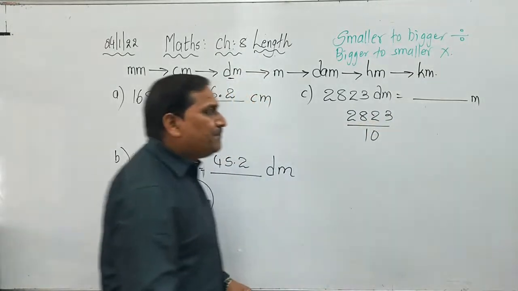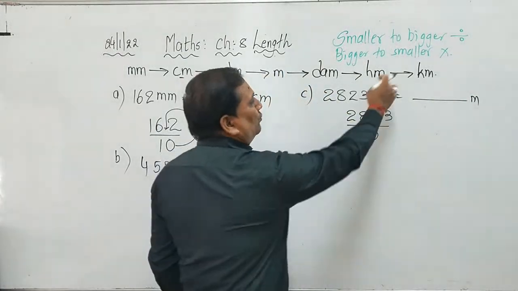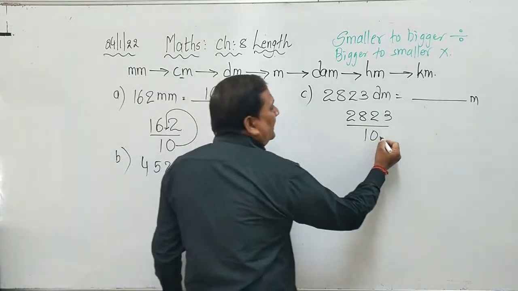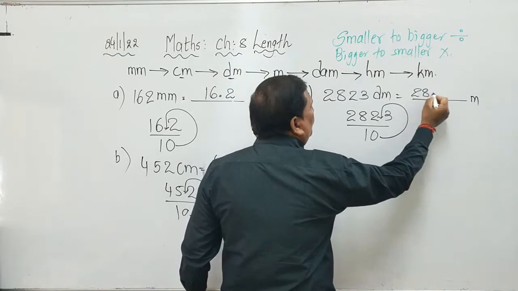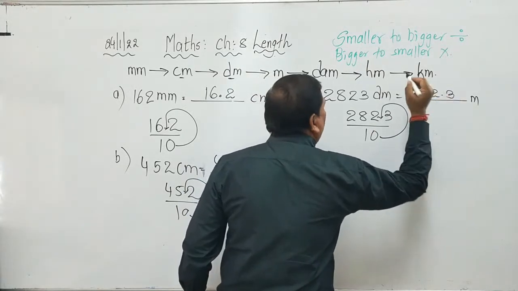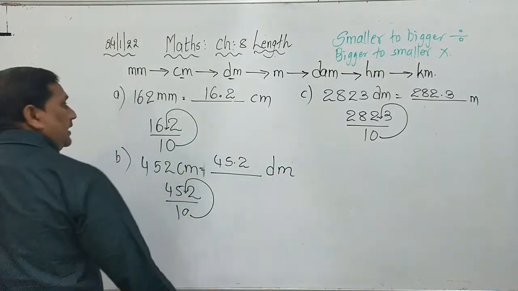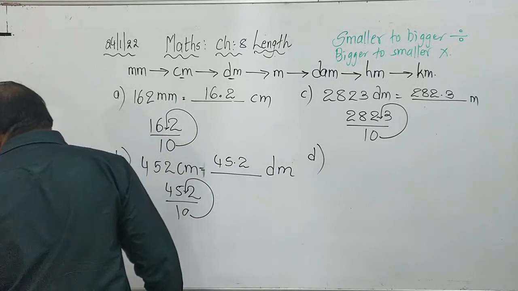Why by 10? Because meter is the very next unit of decimeter. So how many digits do I have to skip? 1 digit. So my answer is 282.3. See the fourth one, number D. What has been given?